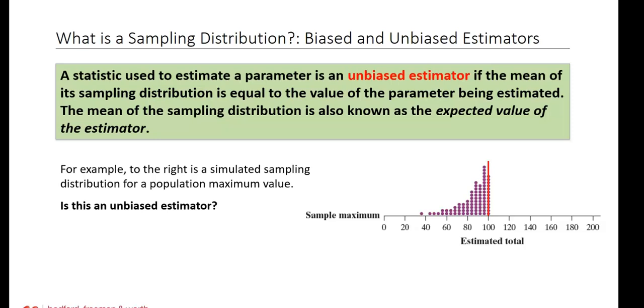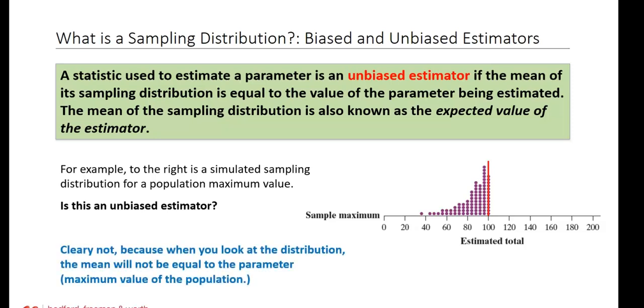I don't know what the mean of that data is, but I know it's not 100. 100 is the maximum. The mean is probably between 80 and 100 there, maybe 85. I'm just taking a guess, but it's definitely not 100. Clearly not. When you look at the distribution, the mean, around 85-ish, will not be equal to the parameter, in this case, the maximum value of the population.